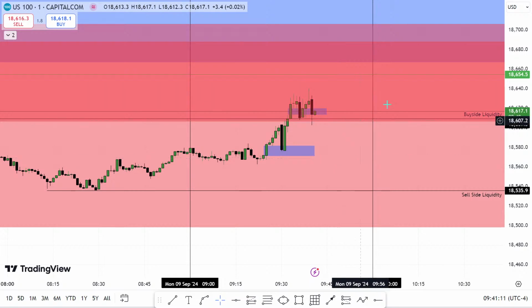If we get a close below this bullish fair value gap, we can trade to this sell side.